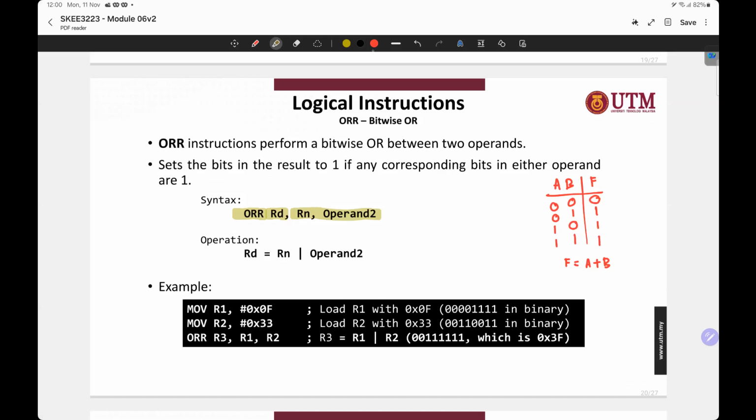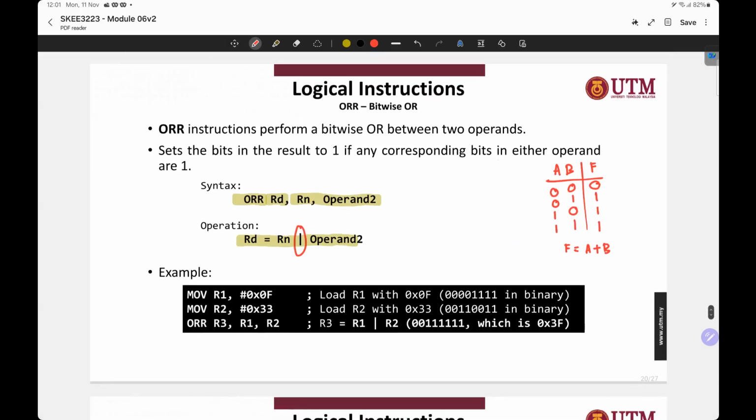And the operation is here. Every time you see the long vertical line, it means you are going to do an OR operation. So this is the operation: RD equals RN, a logical OR with operand 2.